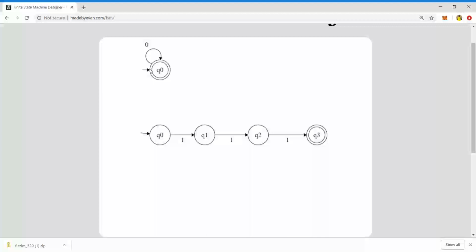This Q0 is the initial state as well as the final state. I'll tell you a very important thing: when a language accepts epsilon, your initial state is a final state. When the initial state is a final state, it means your FA or DFA is accepting the empty string as well, right?